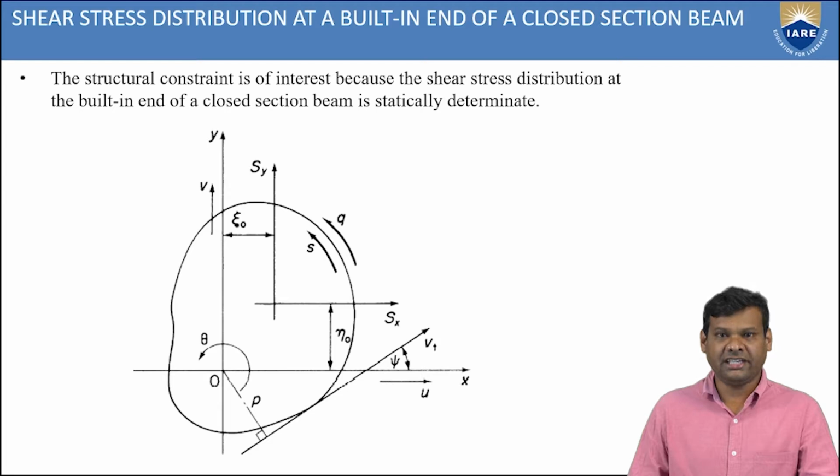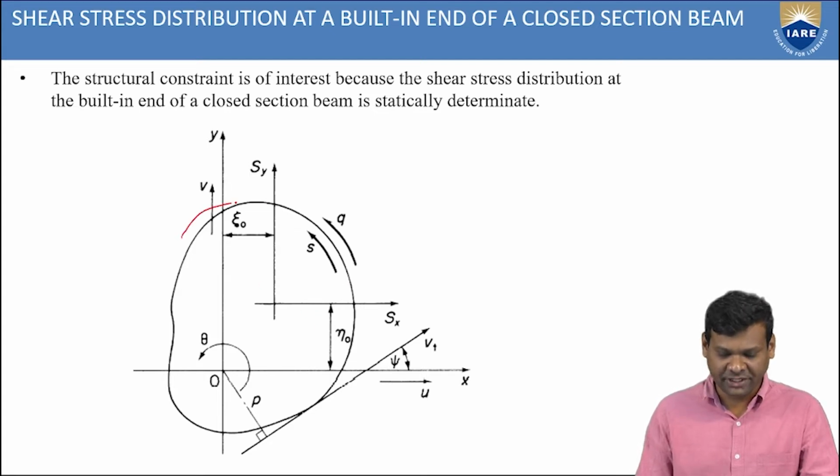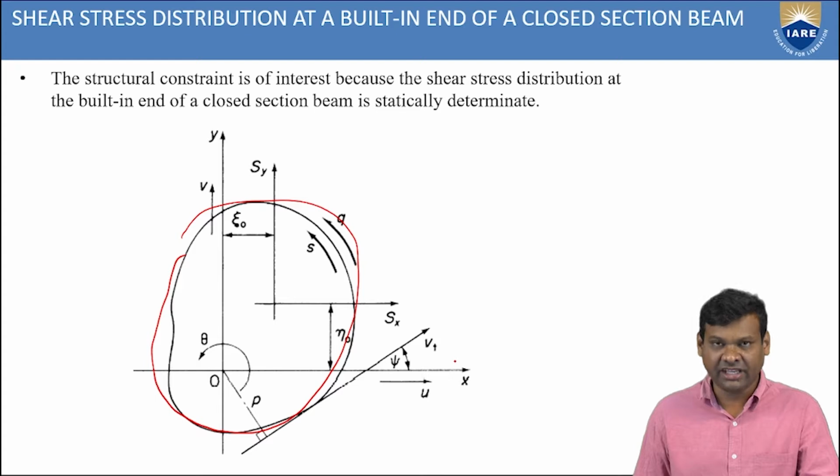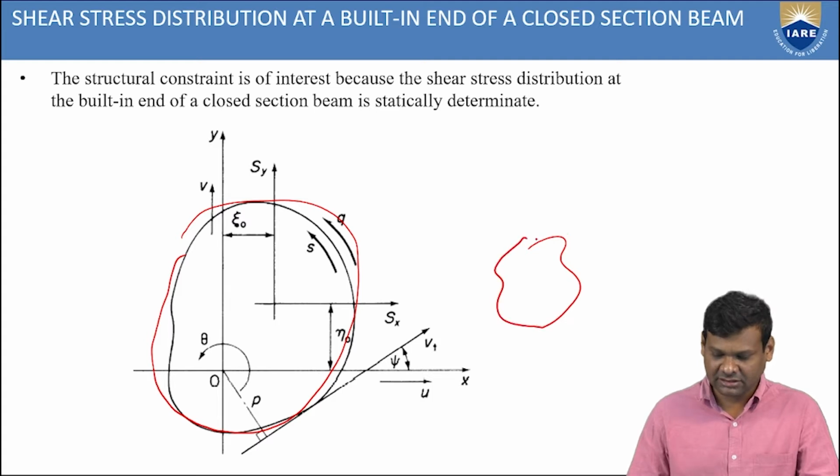Now let us look into the shear stress distribution at the built-in end of a closed section beam. When you look into the figure, it is a closed geometry. X and Y are the orthogonal coordinate axes.